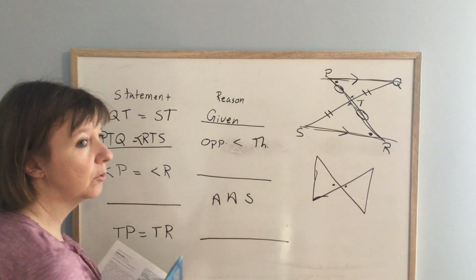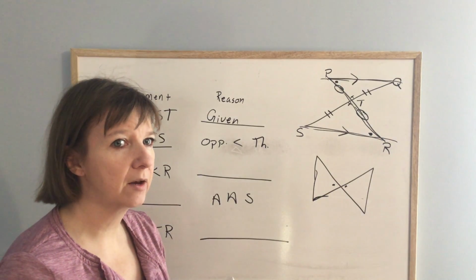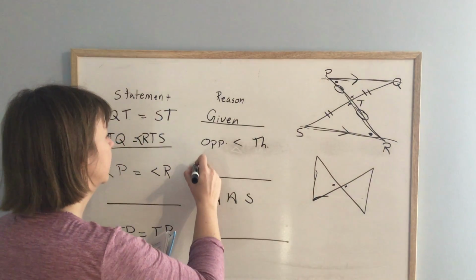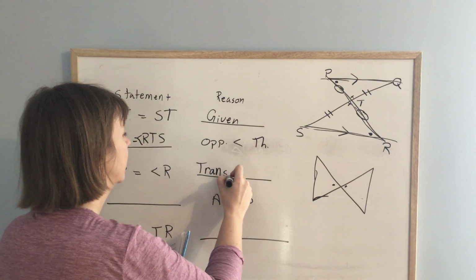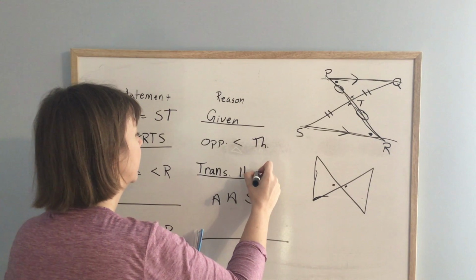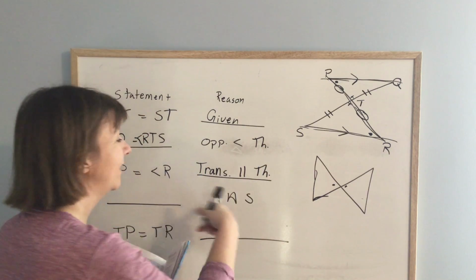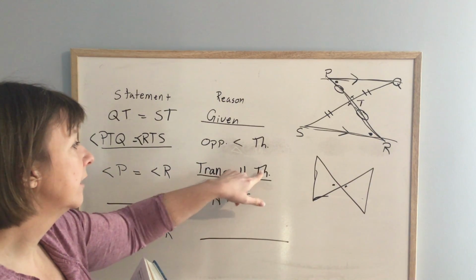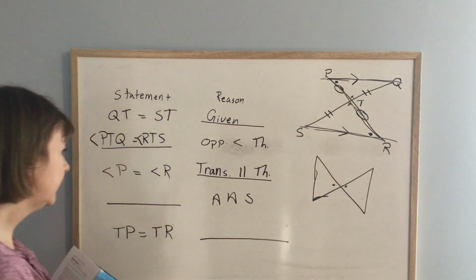But you can't put Z rule because that's not an official theorem. That is one teacher's shortcut for it. It is called the transversal parallel line theorem. That's my shorthand for it. Transversal parallel line theorem. All right.